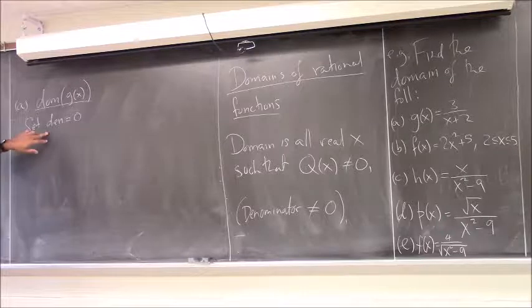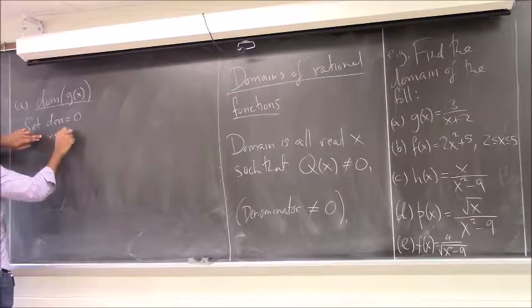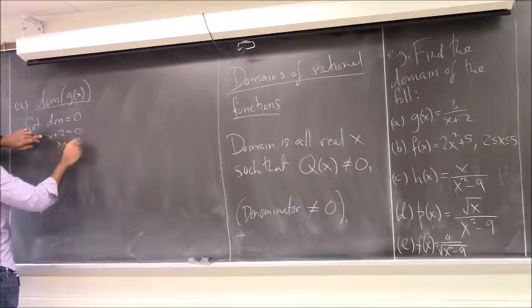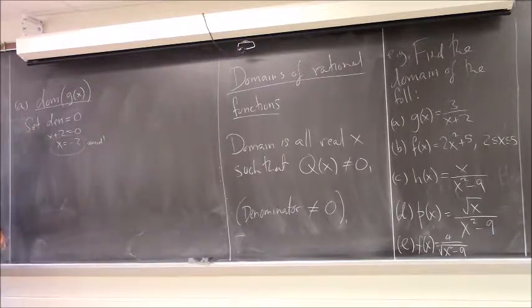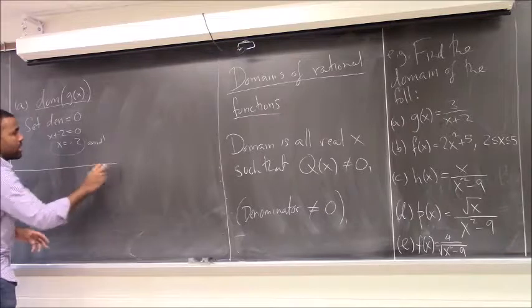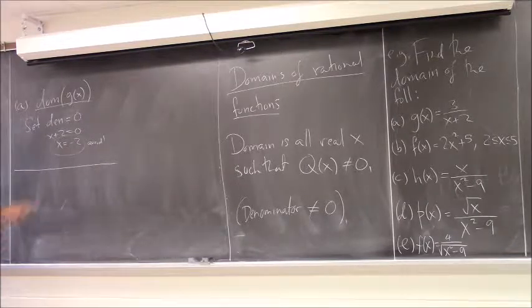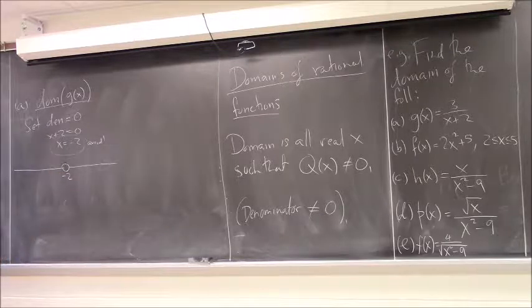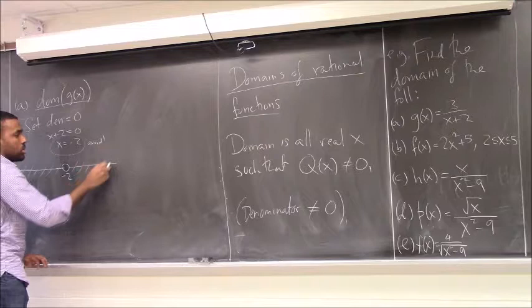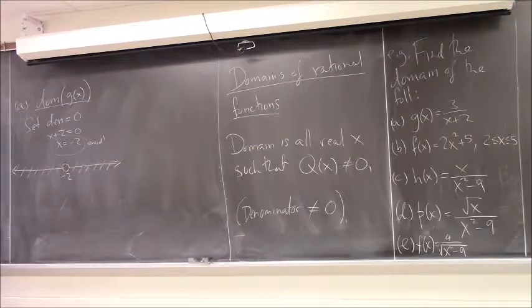We said the denominator equals 0, this means x plus 2 equals 0, so x equals minus 2, and we have to avoid that, because you can't do that. One way you can visualize this is to draw a number line, with a gap at minus 2. Everything here will work, and everything here will work, but not at minus 2. How do you write that?